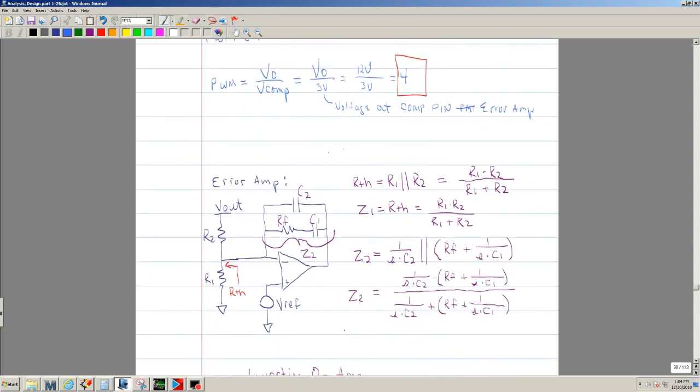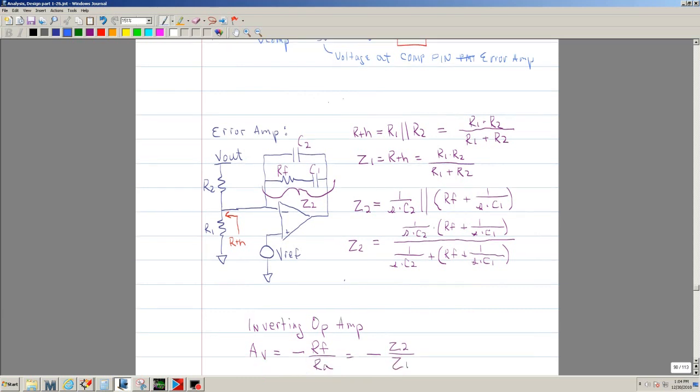Okay. So now we're going to derive the equation of the error amp. And instead of writing C integrator for this one and C roll off, I went ahead and just abbreviated it to make the derivation a little easier.